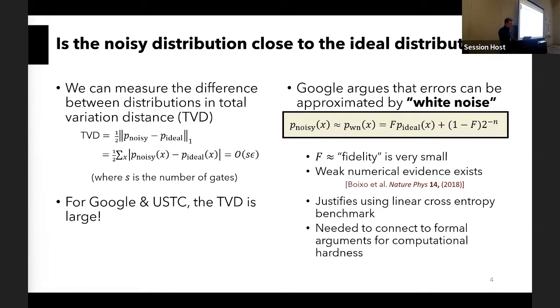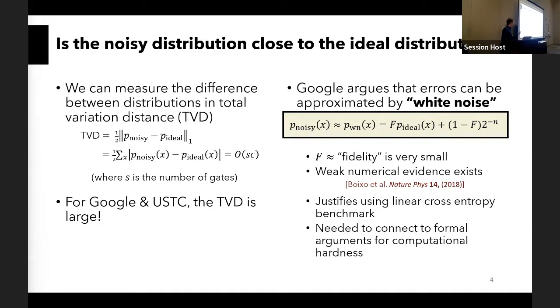And the reason that they wanted this to be true, there's perhaps 2 ways you could motivate it. The first thing is that if you do know that your output distribution has this form, then it immediately justifies using the linear cross entropy benchmark to try to numerically figure out what the value of f is and characterize the amount of noise in your device.